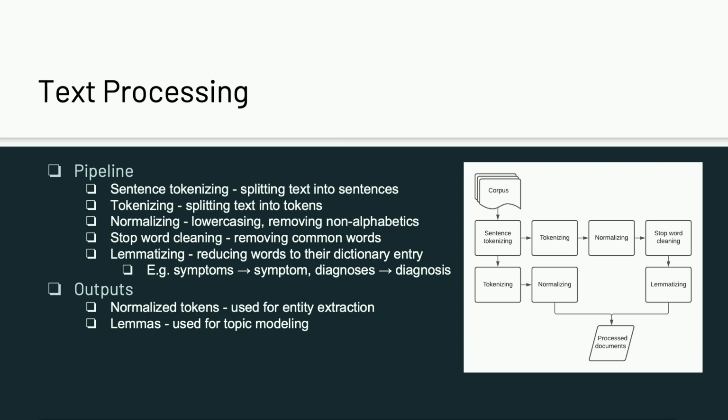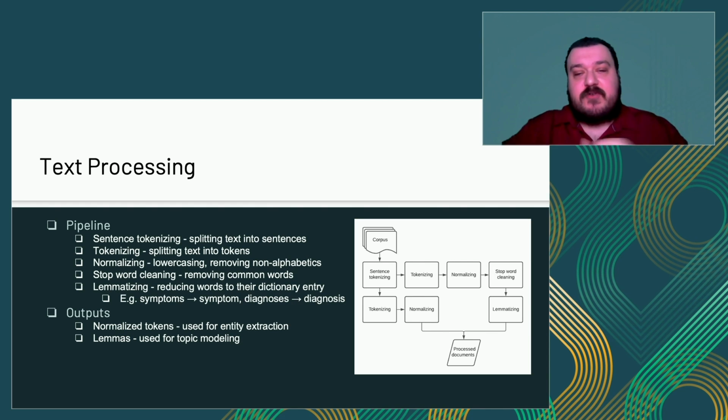So we have the corpus come in, and I do sentence tokenization, which is sort of a normal start. You want to make sure you break up your sentences, especially if you're going to be looking at sequences of text. You generally don't want to look across sentence boundaries. And then I have two tokenization steps.